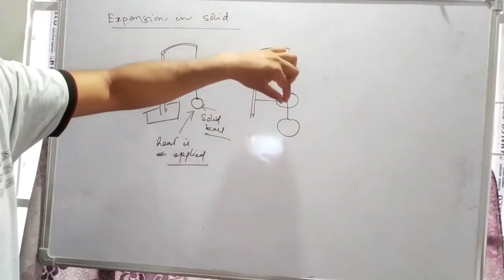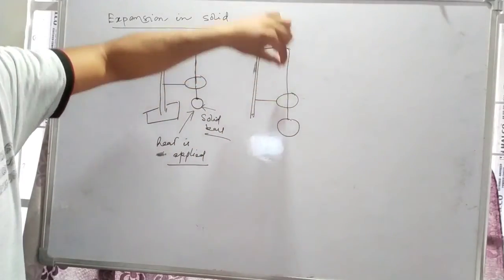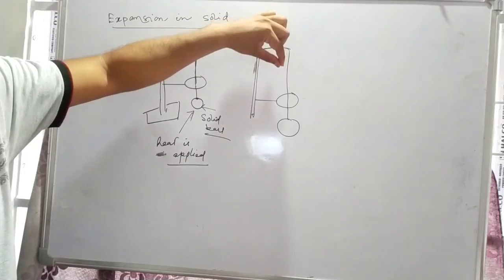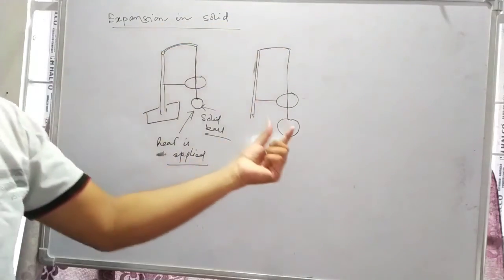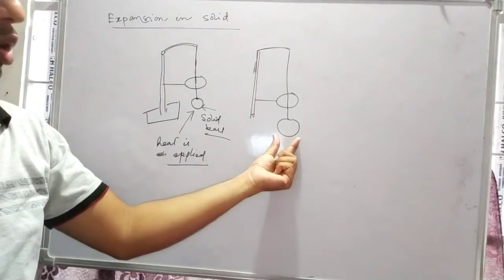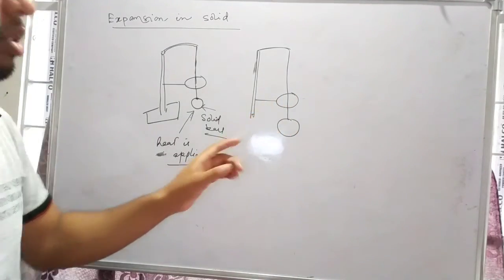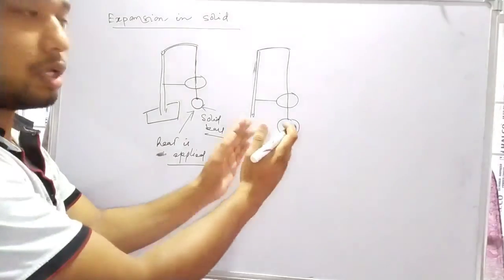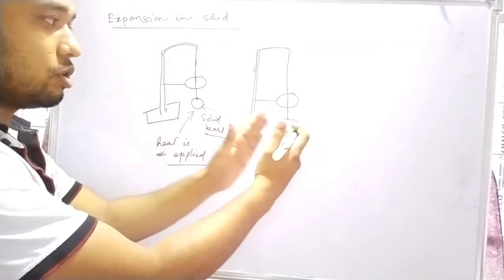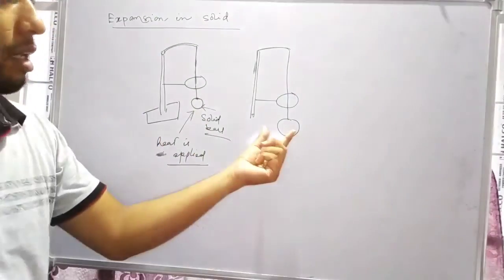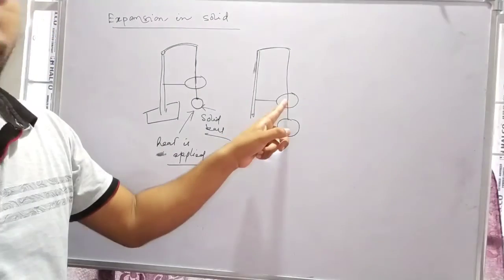Now when we try to pull this ball up and down through the ring, the ball cannot move through this ring, because its size becomes larger. So that's why it is not able to move through this ring.